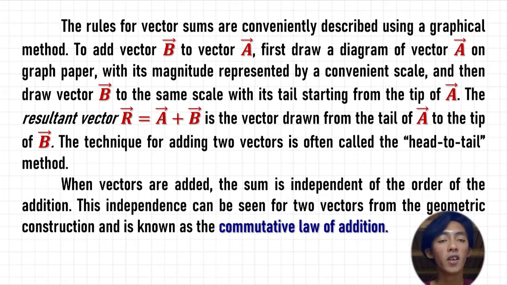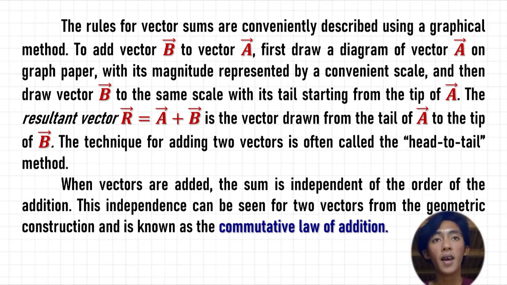The resultant vector R, which is equal to vector A plus vector B, is the vector drawn from the tail of vector A to the tip of vector B. The technique for adding two vectors is often called the head-to-tail method.